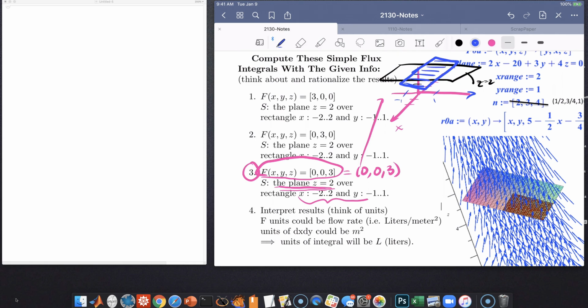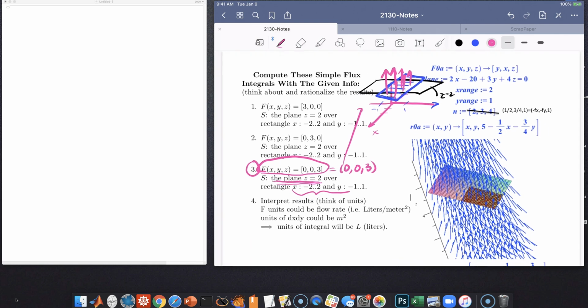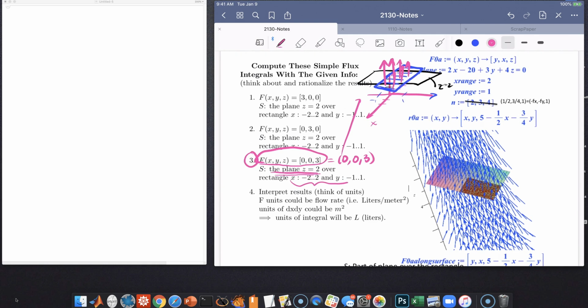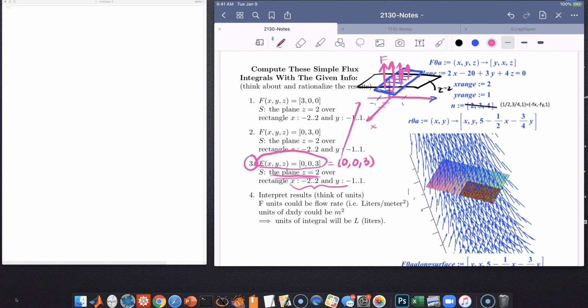So we would like to figure out what is the flux of this vector field, and the vector field is equal to 0, 0, 3, so this vector field is always pointing in the z direction. Okay, so here is your vector field.